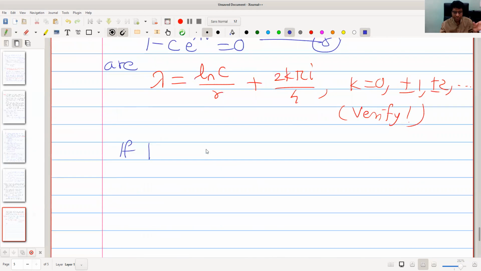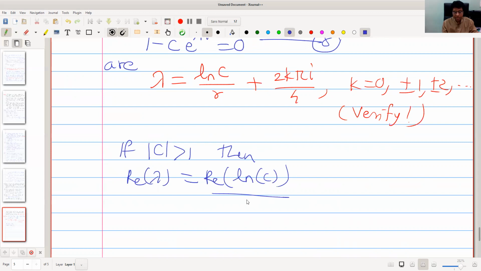If mod c is greater than 1, then the real part of lambda is nothing but the real part of log of c divided by r.